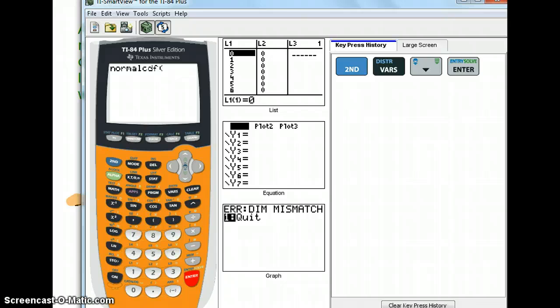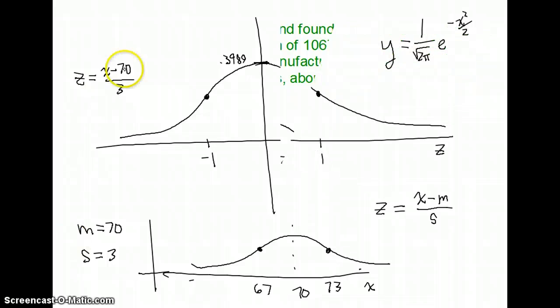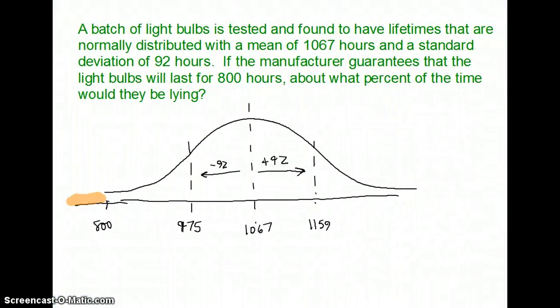First of all, we want to add up the area from sort of negative infinity up to 800. You could convert this to the standard normal distribution and then enter it in the normal. Or, remember, I hinted at this last time, the calculator is actually set up where you can just enter things like mean. The things you would need to know would be mean and standard deviation. You can enter these things in where it says normal CDF.